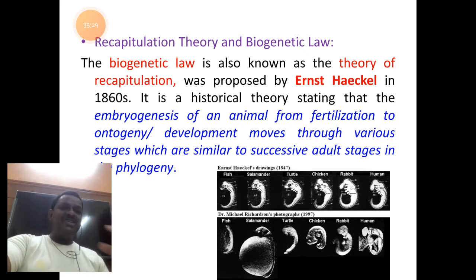So this is the specialty related to the recapitulation theory of Haeckel. Down is a picture where the first row at the top has diagrams drawn by Ernst Haeckel of embryos of different classes of organisms like fish, salamander, turtle, chicken, rabbit and human beings.